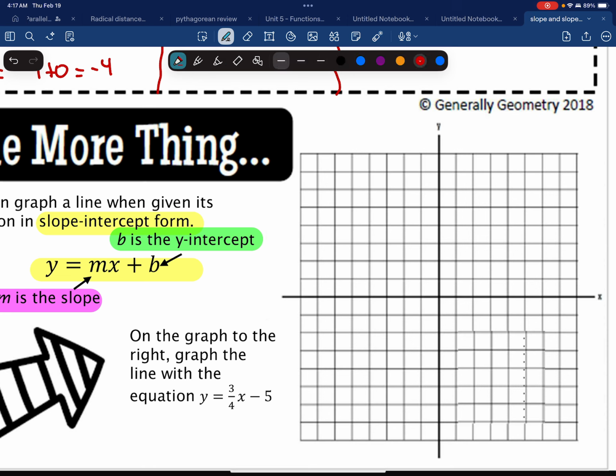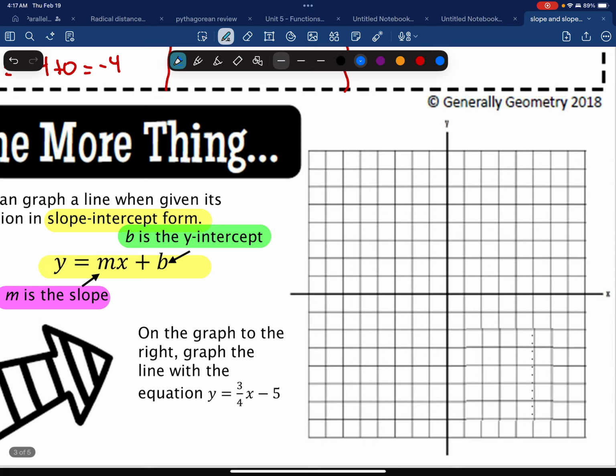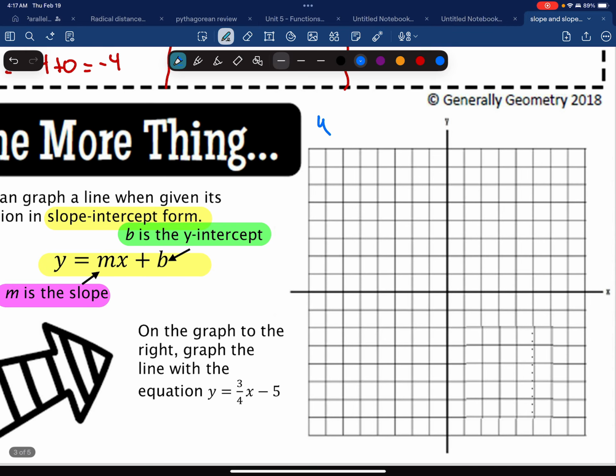If I know a point and the slope, I can graph a line. When I have the slope-intercept form, I have both of those. I have a point, the y-intercept. In this case, my y-intercept is 0, negative 5. So I'm going to go down here: 1, 2, 3, 4.